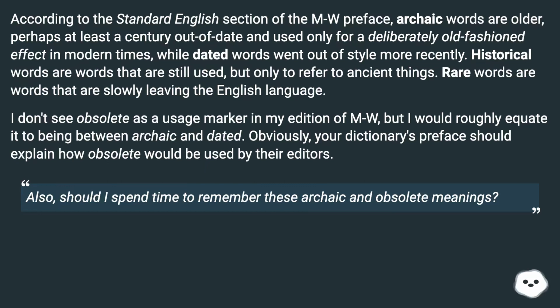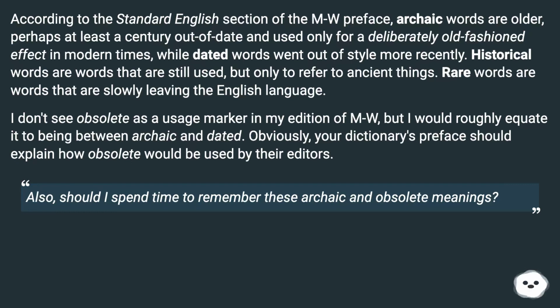Historical words are words that are still used, but only to refer to ancient things. Rare words are words that are slowly leaving the English language. I don't see obsolete as a usage marker in my edition of MW, but I would roughly equate it to being between archaic and dated. Obviously, your dictionary's preface should explain how obsolete would be used by their editors.